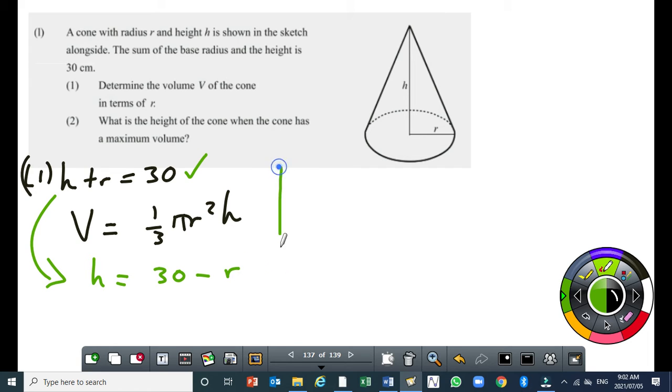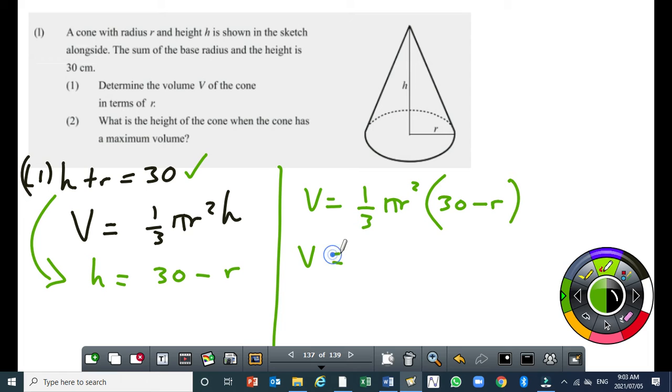Therefore, I can substitute now where there is h here, I can put 30 minus r. So the volume will be V equal to 1 over 3 pi r squared times h, which is 30 minus r. Allow me to simplify it.